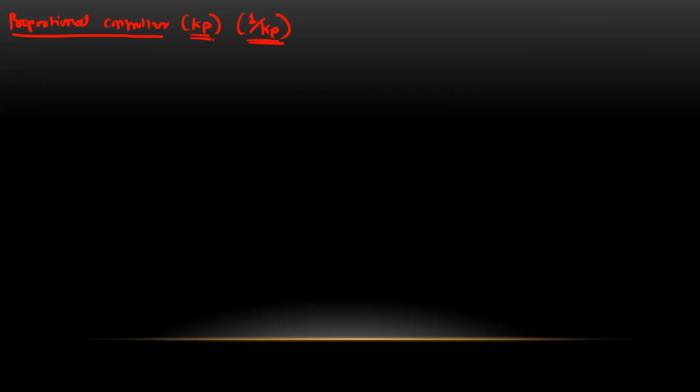So basically this Kp multiplies the error signal. So suppose we have the error signal. So if we represent the error as the E of t, and this is the time. Okay. And we have the error, that is the set value minus the process value like this.